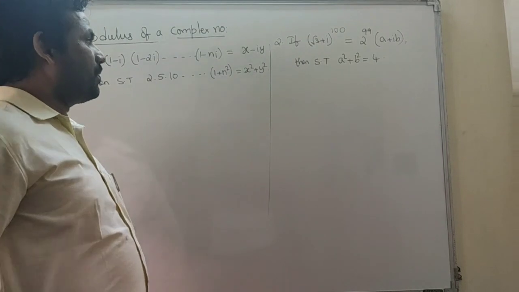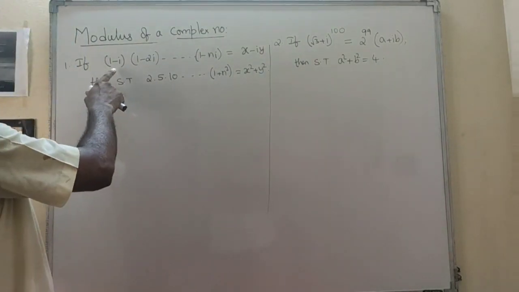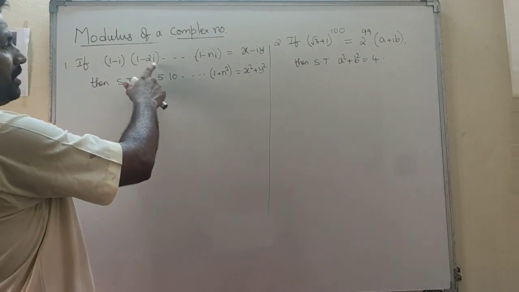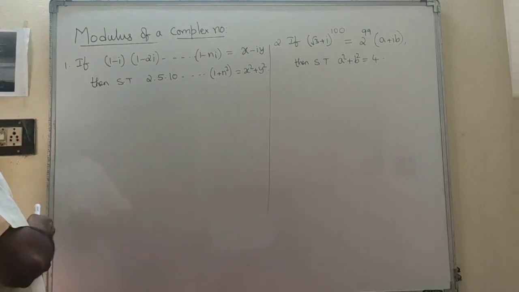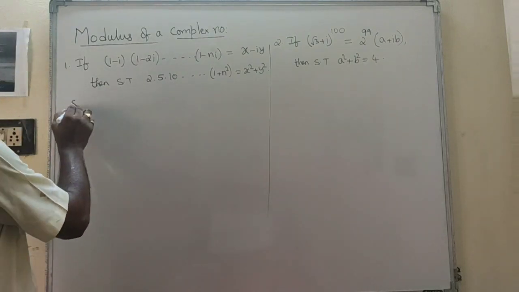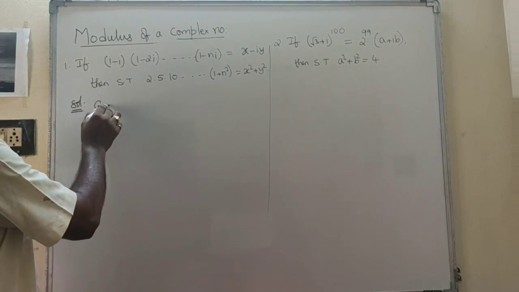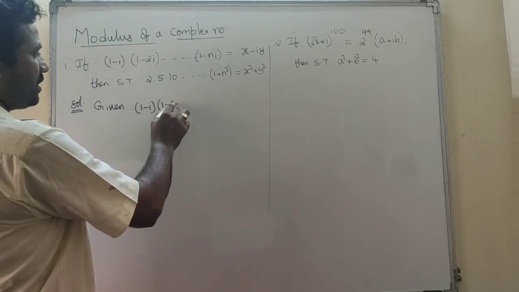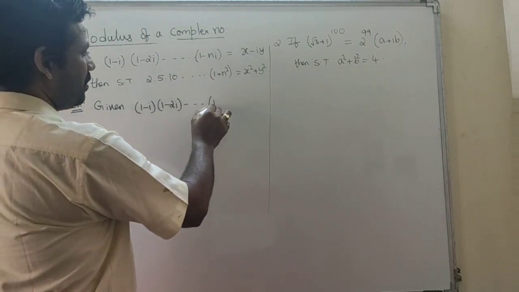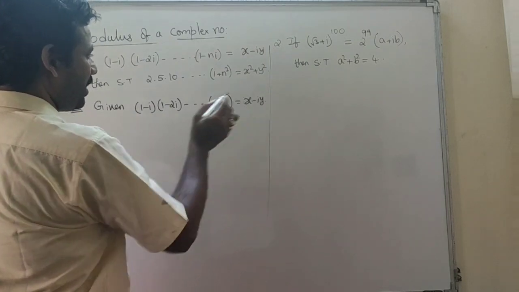Right students, now see these problems on the modulus. What is given? If 1 minus i into 1 minus 2i and so on 1 minus ni equals x minus iy, now we have to show the result. See the solution of this. What is given? 1 minus i into 1 minus 2i and so on 1 minus ni equals x minus iy.